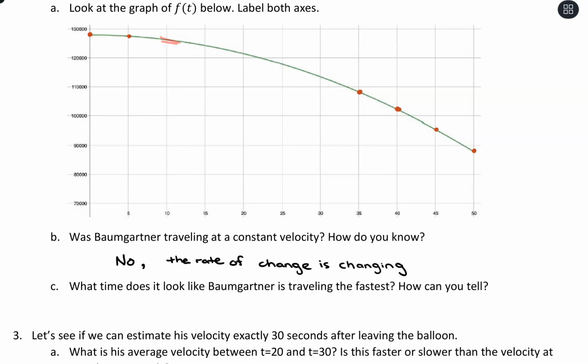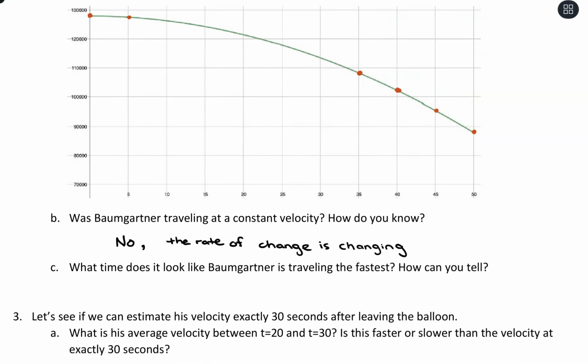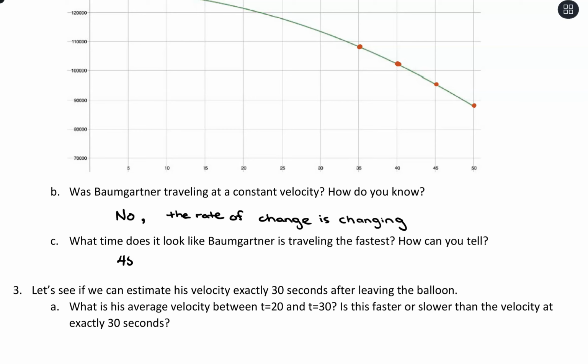There it gets a little steepness, a little more, and then out here will be the most steep. So it looks like 45 to 50 seconds, and it's because of the steep slope of the secant line.